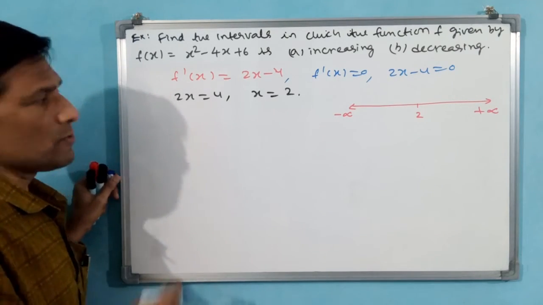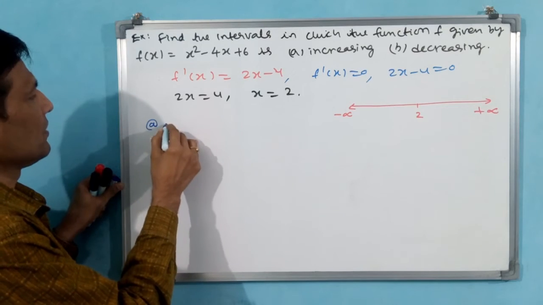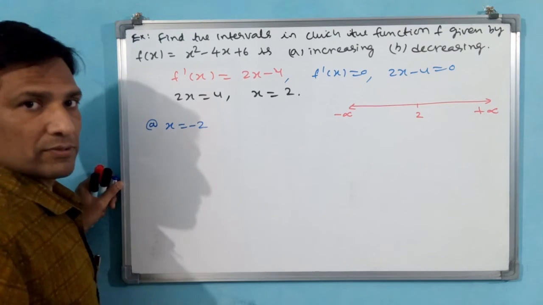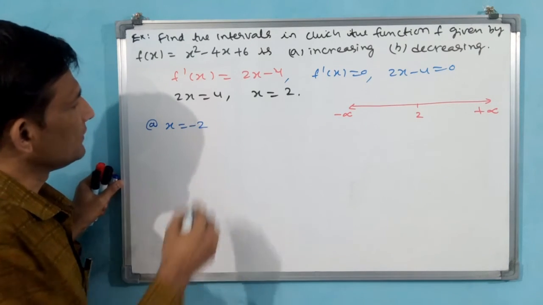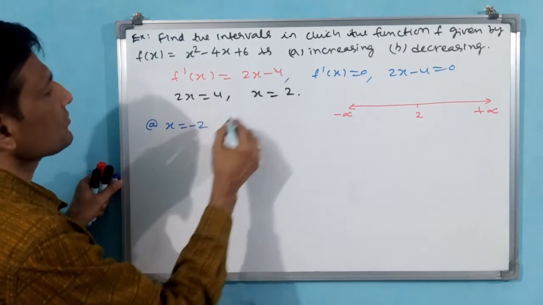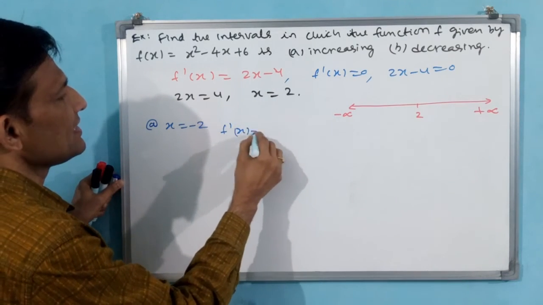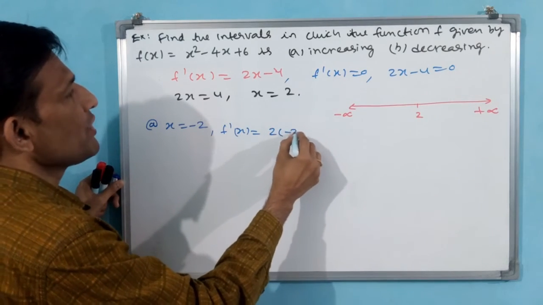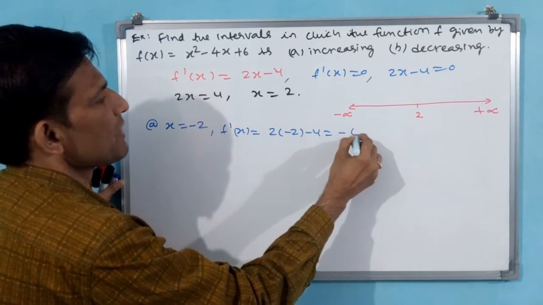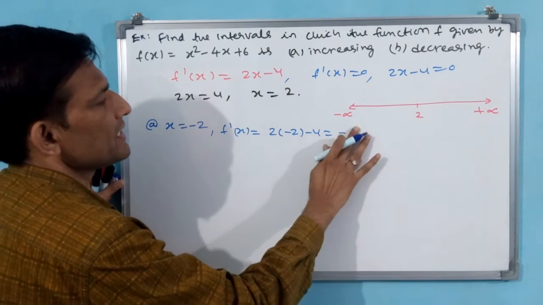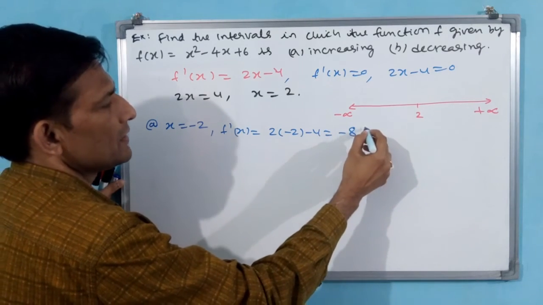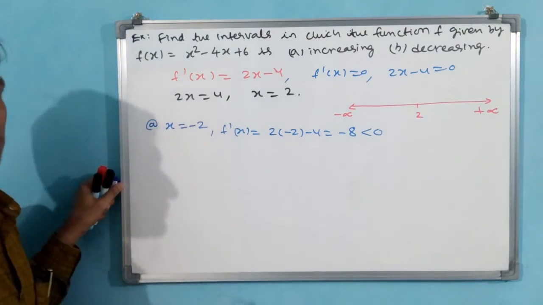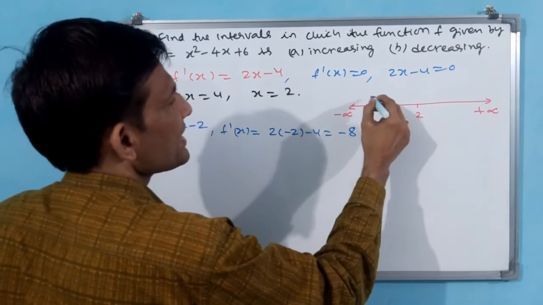Shall I take minus 2? At x is equal to minus 2. Okay, you see what will happen. F dash x is equal to 2 into minus 2 minus 4, that is equal to minus 8. This is less than 0. Shall I write here decreasing?